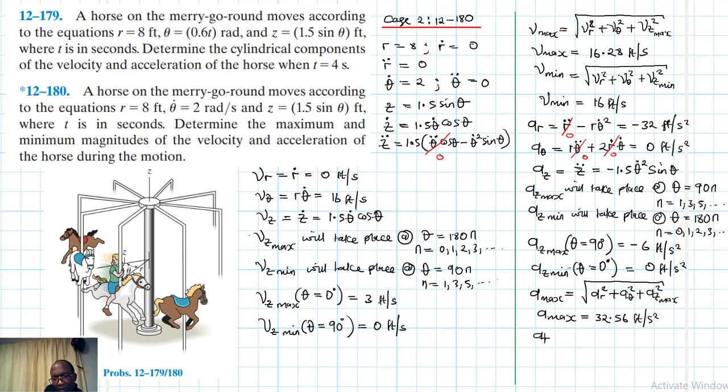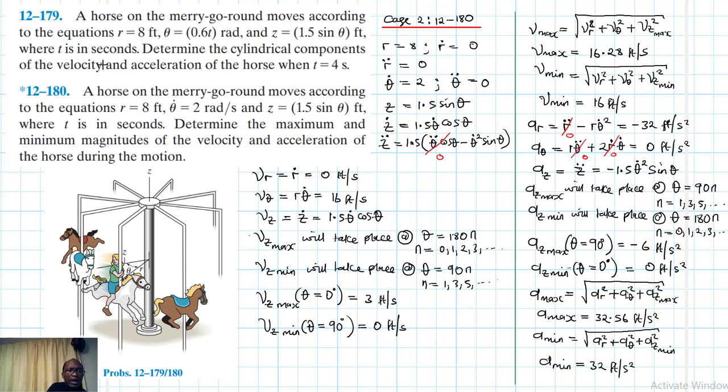And then A minimum is equal to AR squared plus A theta squared plus AZ minimum squared. Then A minimum is just going to be equal to, when you plug in all those values, it just becomes a 32 there, like so. 32 feet per second square.